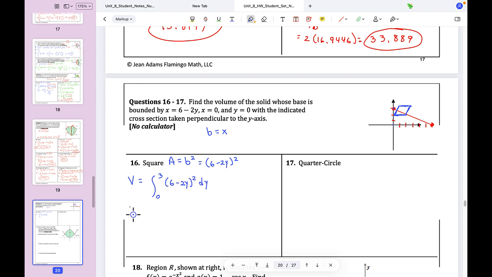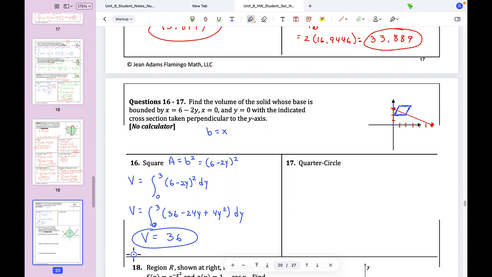I will expand that out, and that's going to be 36 minus 24y plus 4y squared. When we integrate that, we get that the volume equals 36. I keep making messy zeros there, huh?